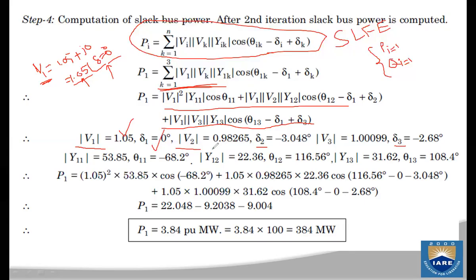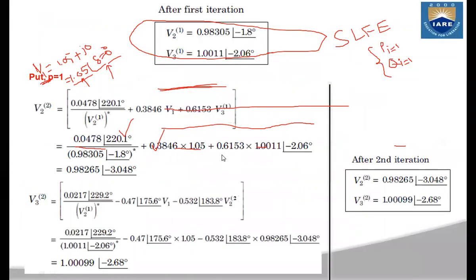Similarly, for V2 and V3, you have calculated them in step 3. If you observe here, V2 after the second iteration is 0.98265 at an angle of minus 3.048 degrees.